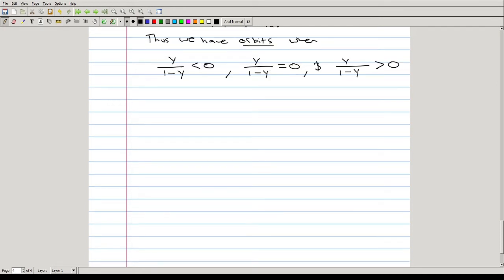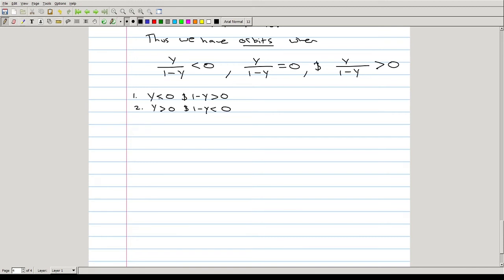So we look at what this is telling us. Well, one way that we can have this be true is if y is negative or less than 0 and 1 minus y is positive. Another way we could have this be true is if y is positive and 1 minus y is negative.